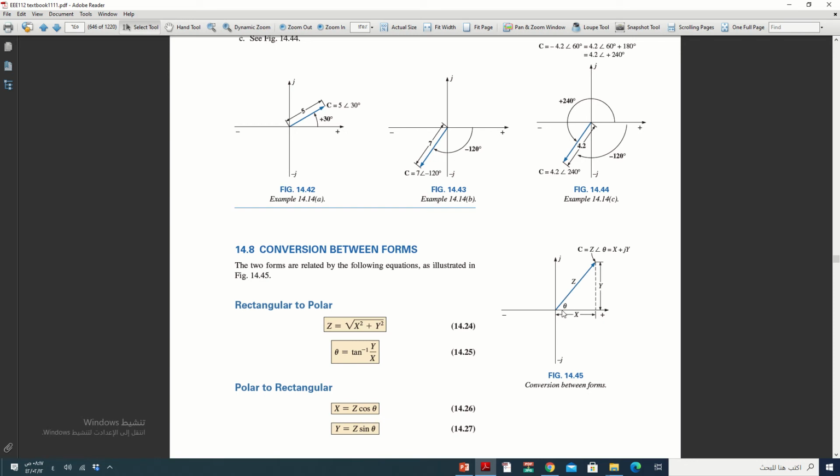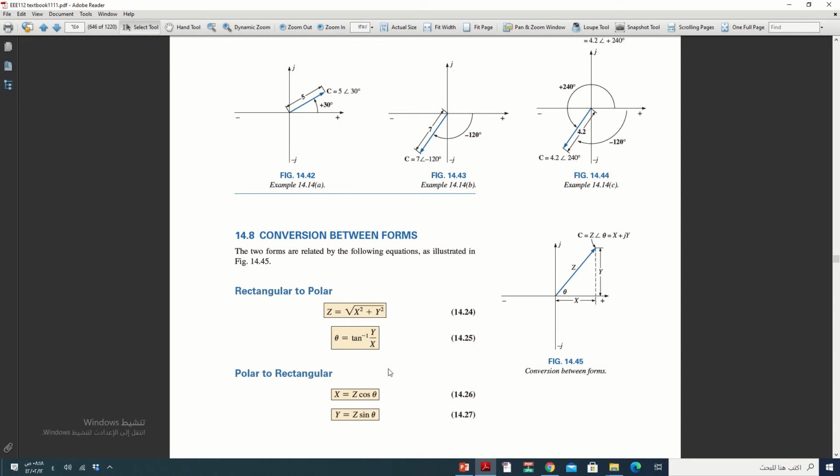We can find it by tan inverse y over x. What about the opposite? If we have z and theta and we need to write in rectangular form, we can say x equals z cosine theta and y equals z sine theta.